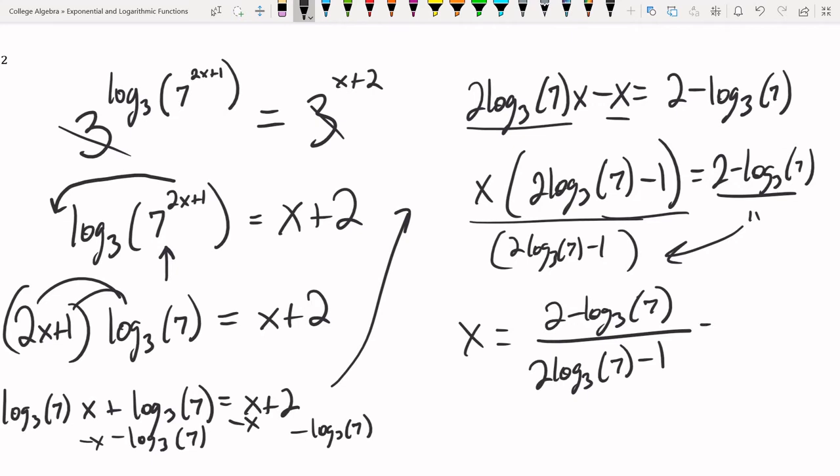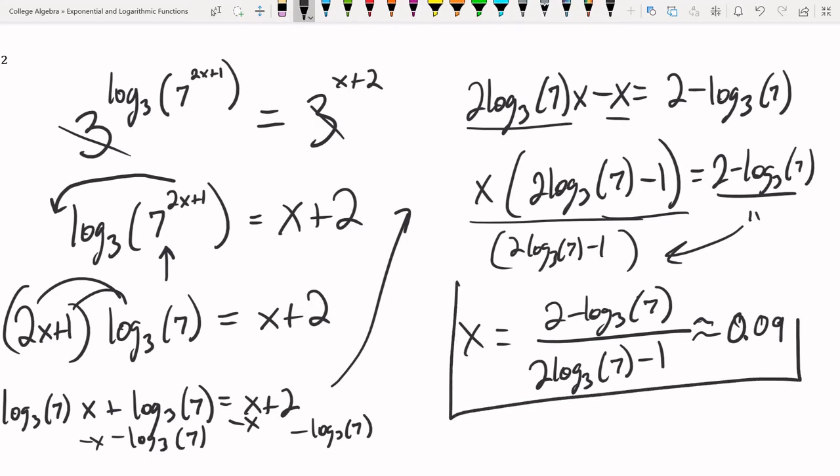And this we can plug into a calculator to see what the approximation is. I'm getting approximately 0.09. It doesn't continue on. I rounded it to two decimal places because it's 0.08997, and that would just round up to 0.09. So that's what it's approximately equal to.